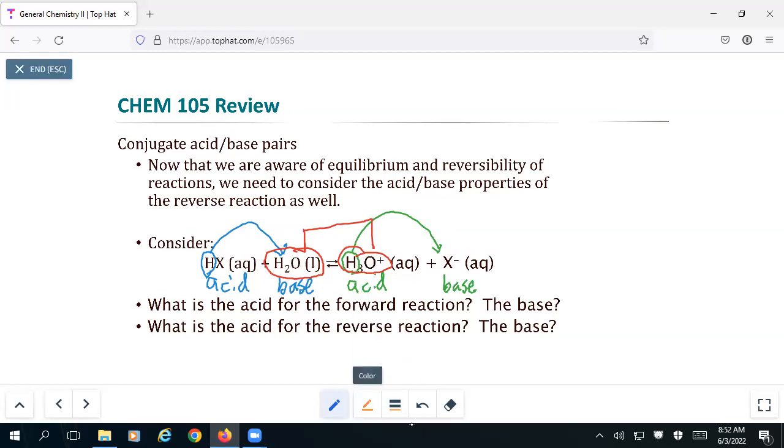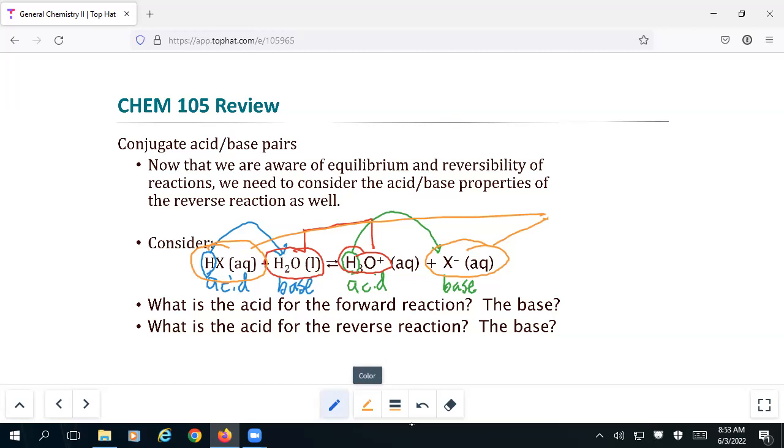And I can also see that same conjugate nature for the HX and the X minus. They are one proton apart from each other. And one of them is acting as an acid, and one of them is acting as a base. These are known as conjugate acid-base pairs.